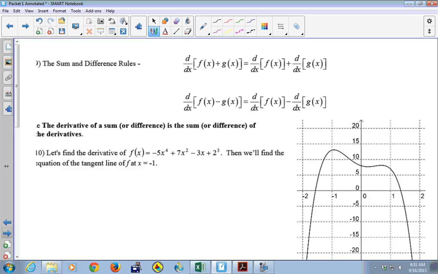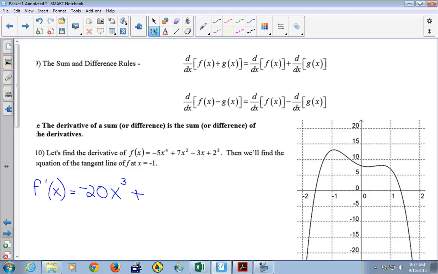I can apply the power rule to each term separately, right? So f prime of x, just look at the first term, negative 5x to the fourth. You're going to bring the exponent down, multiply by the negative 5, and you get negative 20. Copy the x, reduce the power by 1. Negative 20x cubed. Then move on to the next term, and you can just take the derivative of that one.